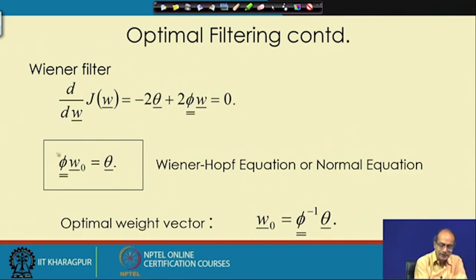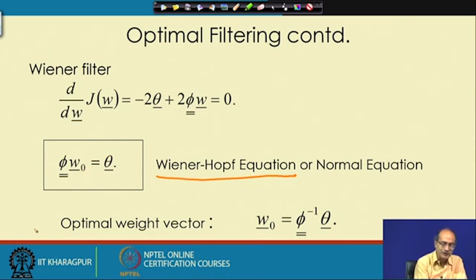This equation is known as the Wiener-Hopf equation. Okay. And one good part of this exercise is that we are able to get the weights in terms of a set of linear equations. Okay.